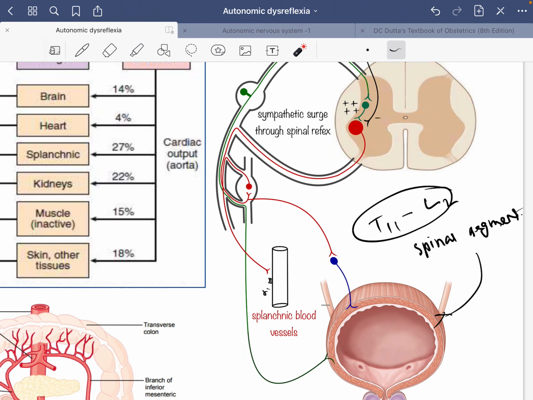Then the aorticorenal sympathetic ganglion will send excitatory signals to your renal circulation. That means your afferent arteriole will be vasoconstricted. That's why ultimately your renal circulation undergoes vasoconstriction.